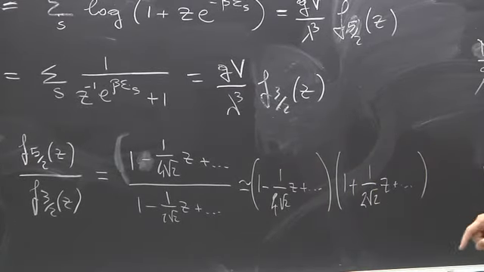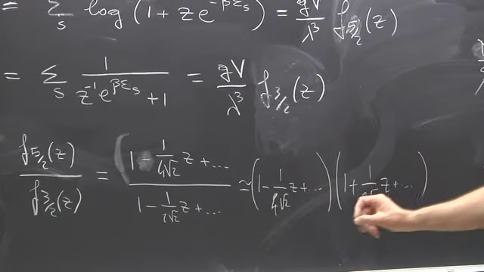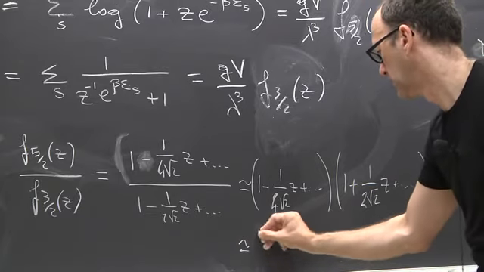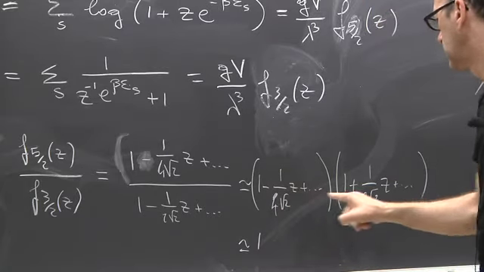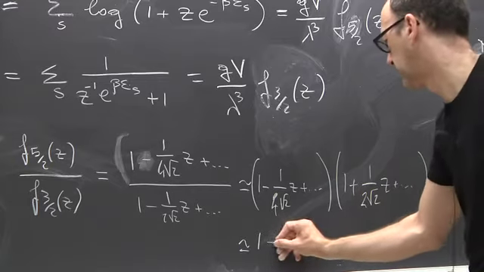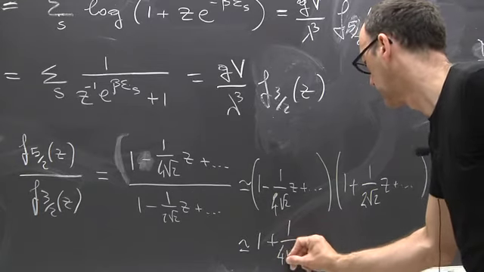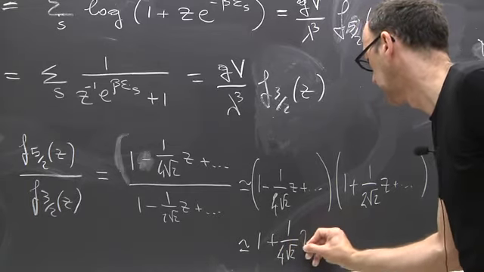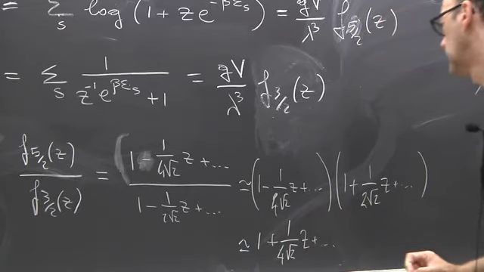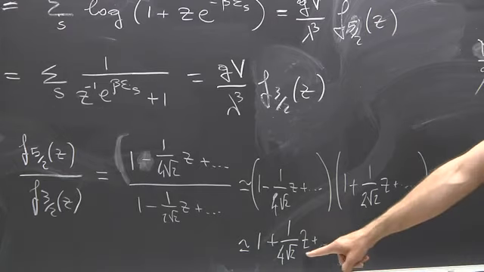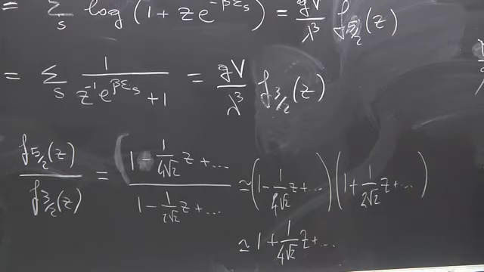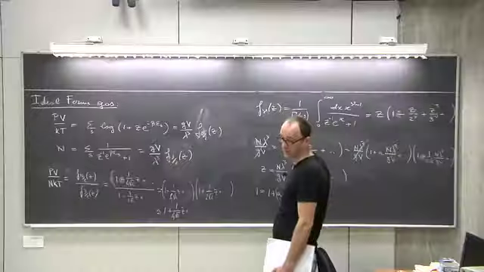Again, if you take only the first order term, this is 1 minus this plus this, which is 1 plus 1 over 4 square root 2 z. And here, essentially, you can replace z by the leading order term.